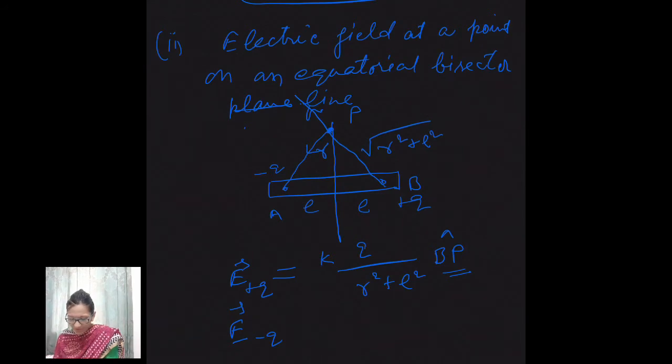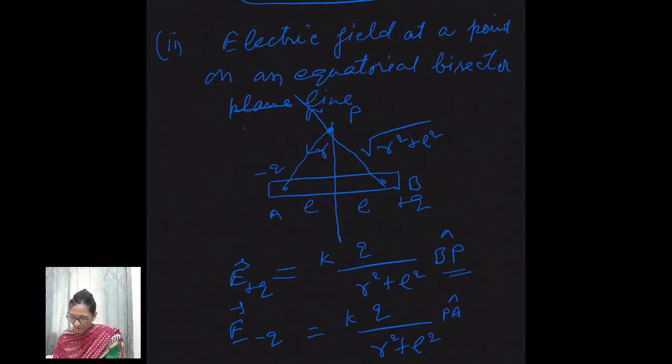So firstly let me write the magnitude of this electric field. So this is equal to KQ. I am writing magnitude, so I will not be writing its sign. So KQ upon, and the distance is same, R square plus L square, and it is directed from P to A, so PA cap.